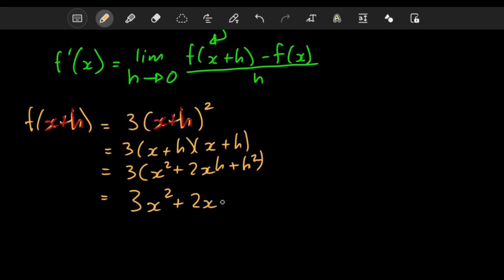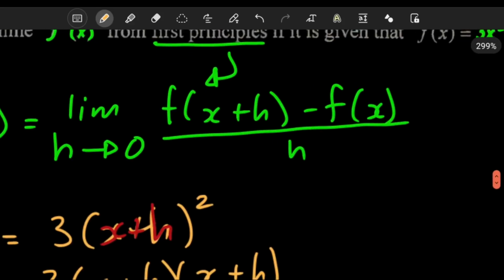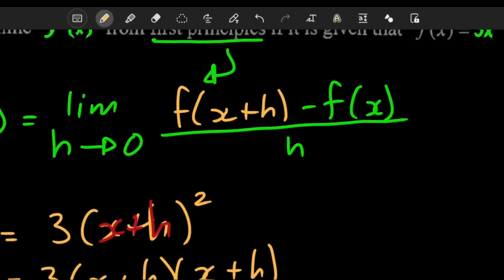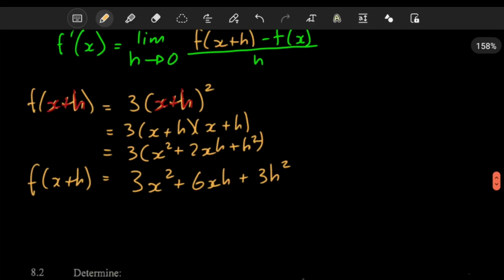Here we haven't yet started using our first principles formula. We're just trying to get a value for this first so that we can throw it in when we actually start working out our question. There you go. You've gotten a value for f of x plus h, because that's what you need to throw over here. Cool. So let us carry on.